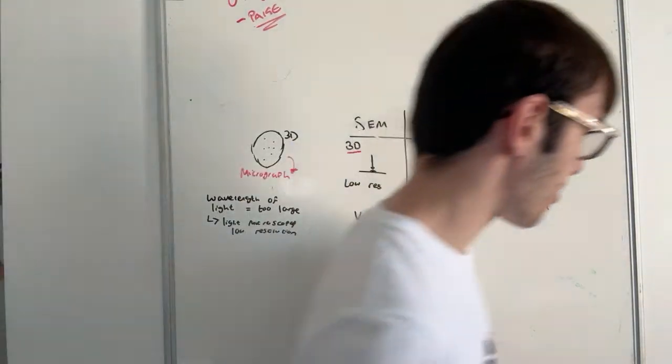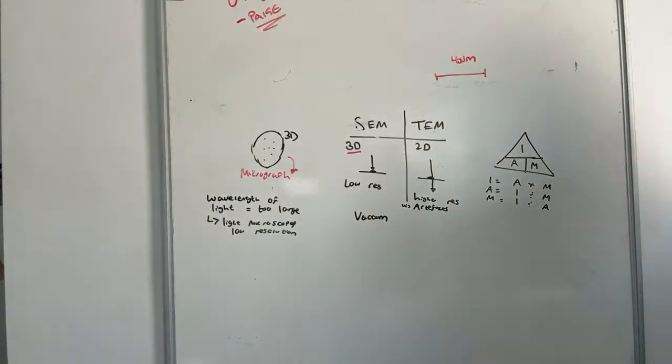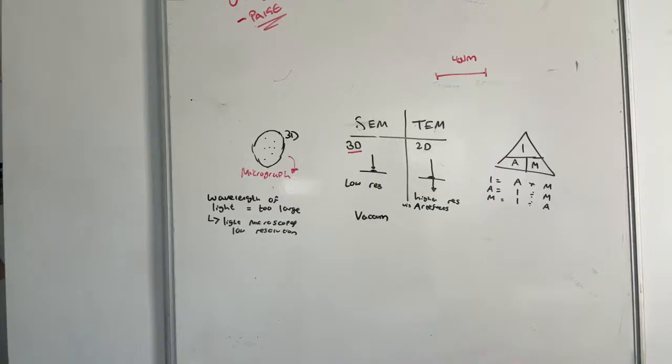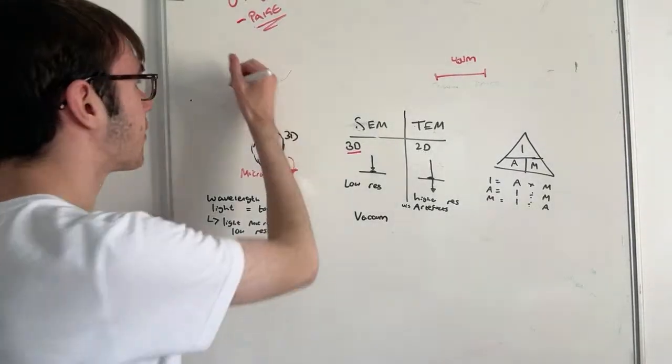You know what? Let's give this a go. Let's actually try and do this. I have a ruler. Let's try and do this. According to this, it is something like 7 millimeters.